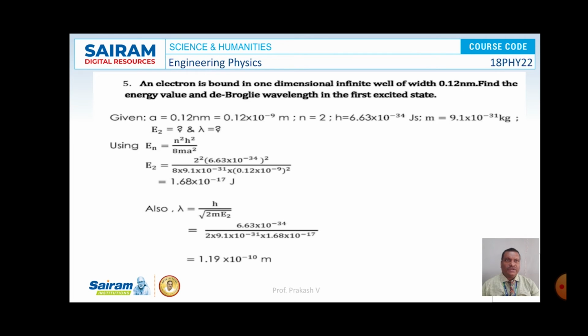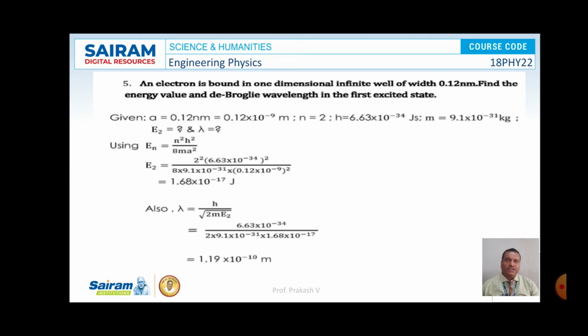Here the width of the potential well is 0.12 nanometer, that is 0.12 into 10 to the power of minus 9 meter, and the value of n is 2 for the first excited state, and h is 6.63 into 10 to the power of minus 34 joule second, and m is 9.1 into 10 to the power of minus 31 kg. So what is the value of E2 and lambda?